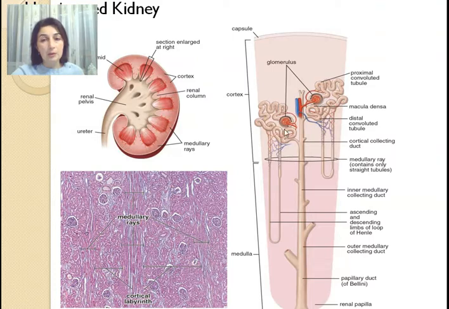But in juxtamedullary nephrons, their main parts, the proximal tubules, distal tubules, and corpuscles, are located at the junction between the cortex and medulla, and their straight tubules, the proximal straight, distal straight, and all parts of the thin tubules, are located inside of the medulla.